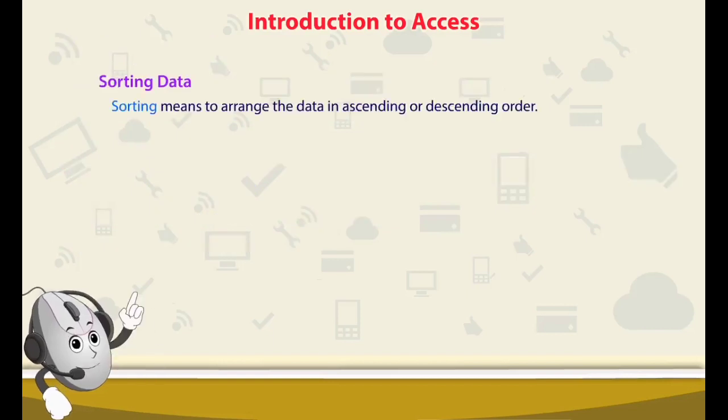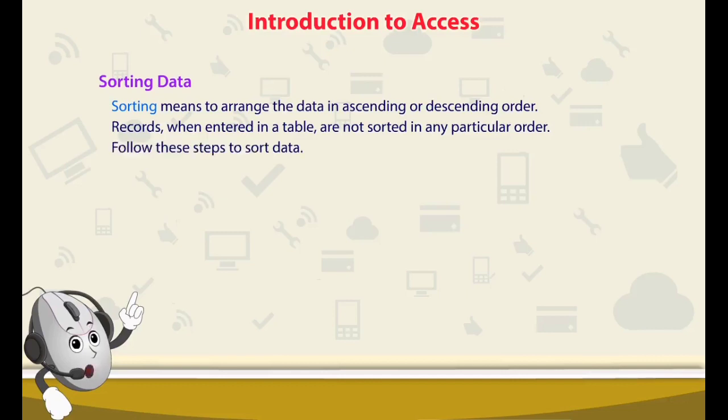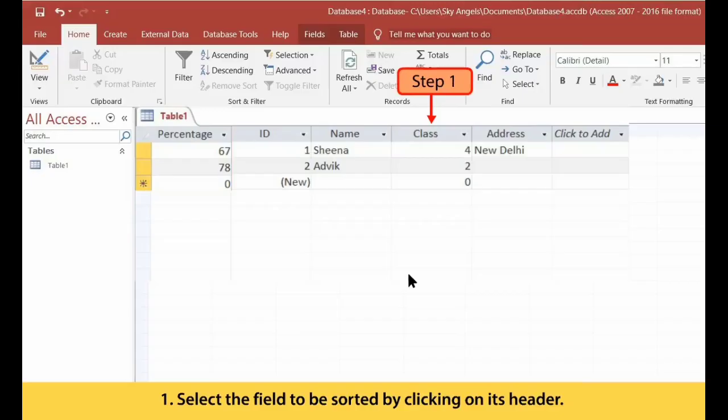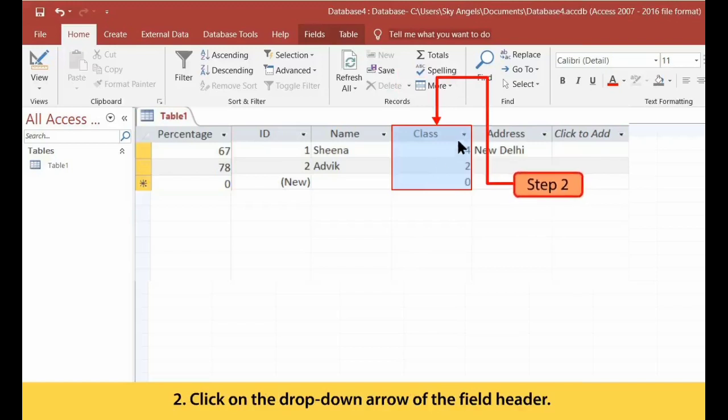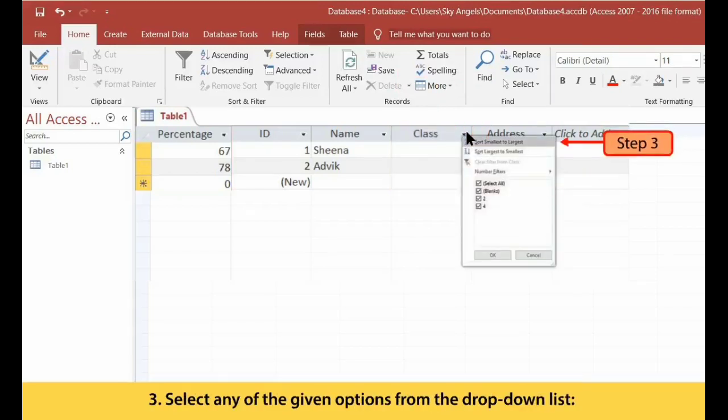Sorting data. Sorting means to arrange the data in ascending or descending order. Records, when entered in a table, are not sorted in any particular order. Follow these steps to sort data. 1. Select the field to be sorted by clicking on its header. 2. Click on the drop-down arrow of the field header. 3.